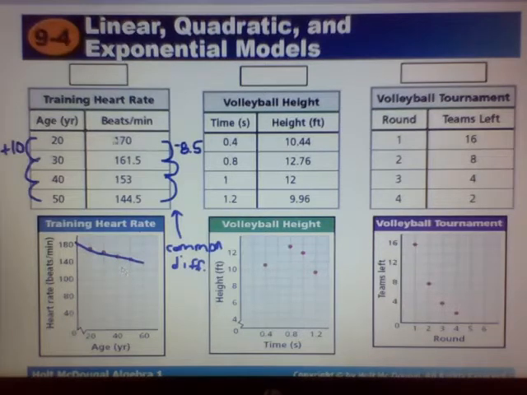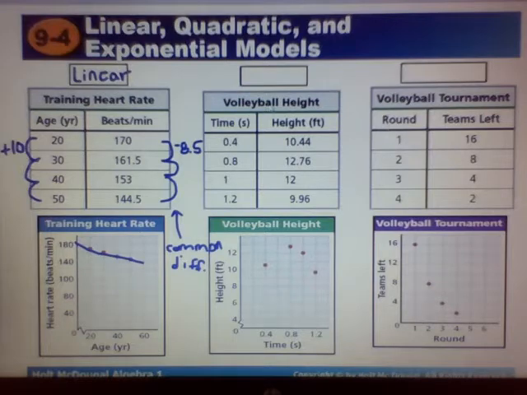We can then say that all of this type of data is going to be linear. And remember, linear comes from the word line. So in that case, this is linear. If we see any of that as we recognize through the notes, we're going to have a linear model.